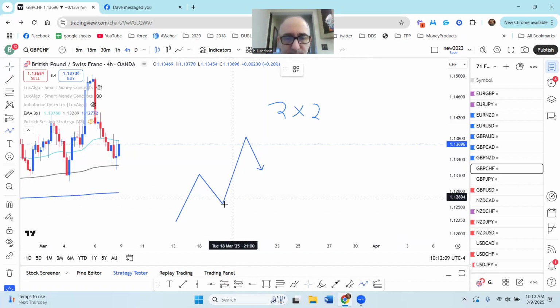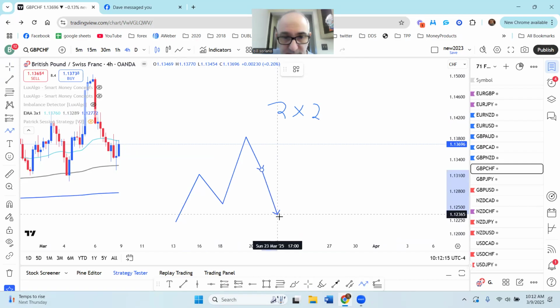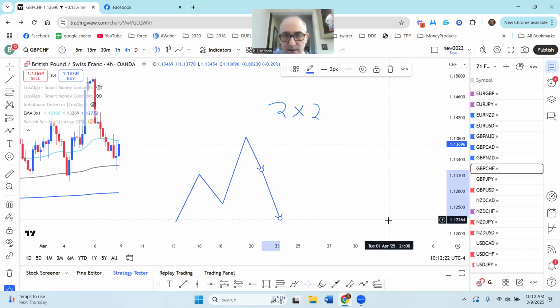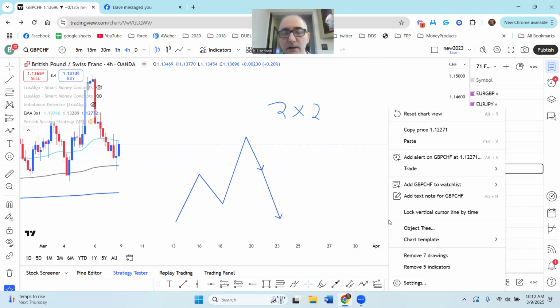Okay, now that the trend has changed, let's say price continues downward here. You have this area here. Let's say price now continues downward and you get this change of character to the downside. Again, that is still bullish, right?